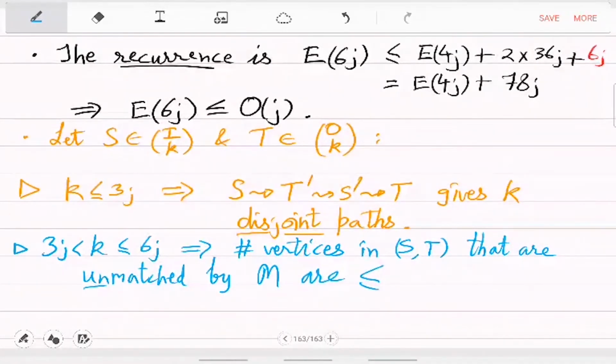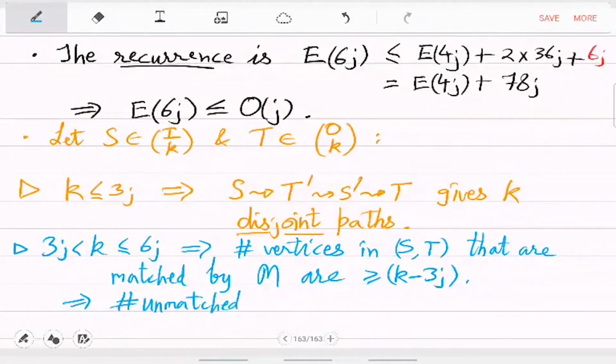So for example, if k is 3j plus 1, that means that at least one vertex will be matched, right. So you actually get that the number of vertices that are matched is at least k minus 3j, which means that the number of unmatched vertices in S is at most 3j.